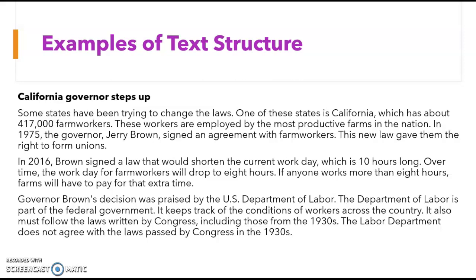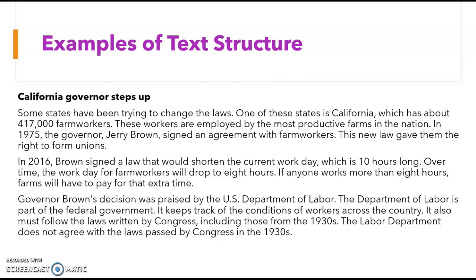I'm going to infer that many, many years ago, farm workers were forced to work overtime and were not paid, because it says right here, if anyone works more than 8 hours, farms will have to pay for that extra time. Okay, so do you see how I'm leaning towards problem and solution, and I'm able to make an inference here?